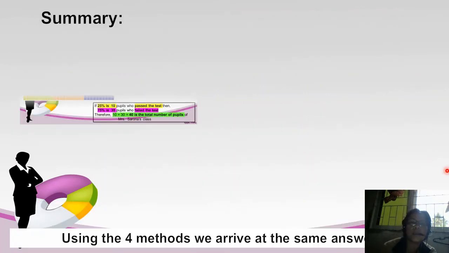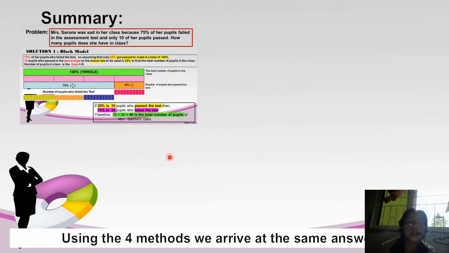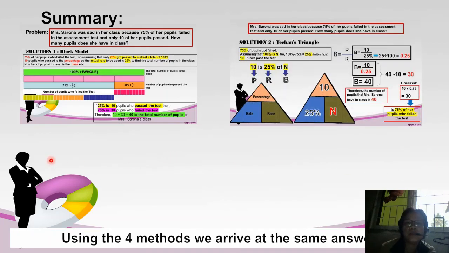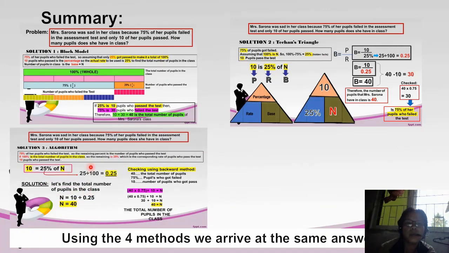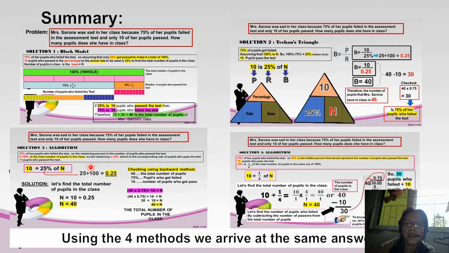So let's try to summarize. Using the different methods, different tools, we have here the block model, the Teken triangle, and the algorithm 1 using the percentage and decimal. Algorithm 2 using the fraction and whole number. However, still we arrive at one and only one, the same answer.